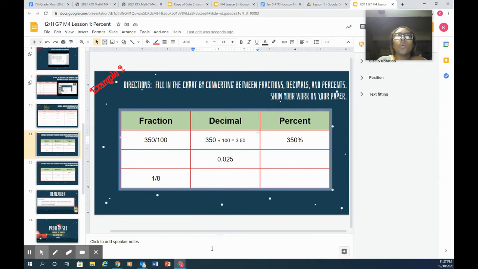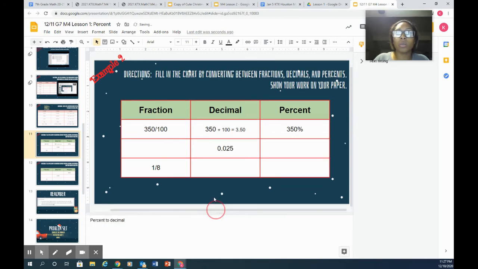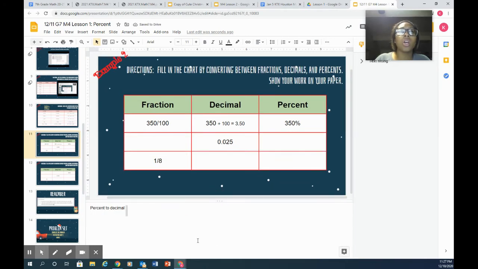Correct. When we are shifting from percent to decimal, we divide by 100.